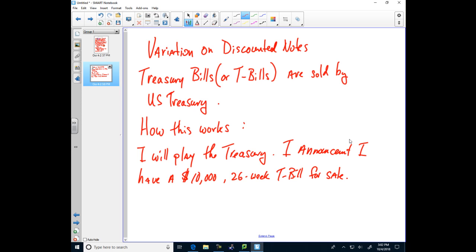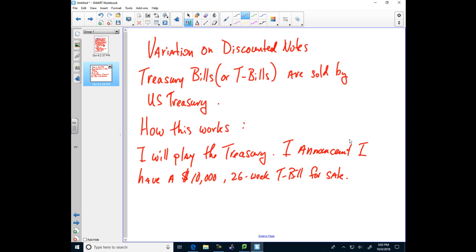Now, if I'm offering a $10,000 T-bill, would you give $10,000 for it? Keep in mind, that's what it's going to be worth in 26 weeks. Would you give $10,000 for it? No, because you'd be getting how much interest? None.